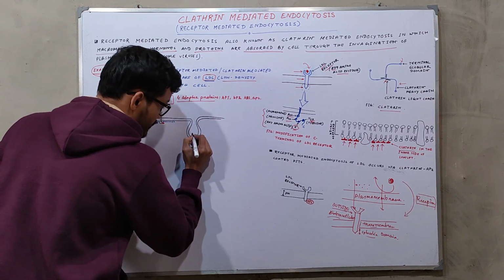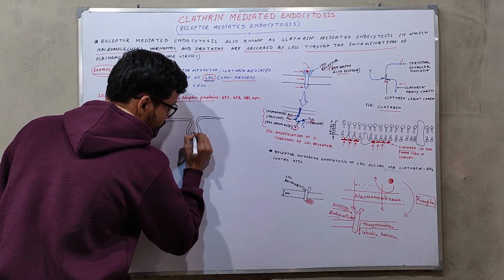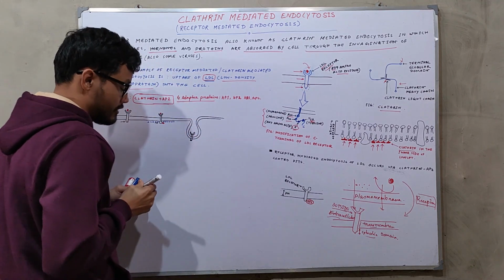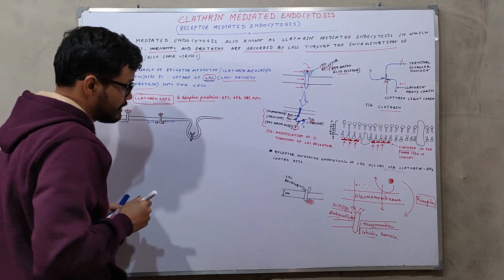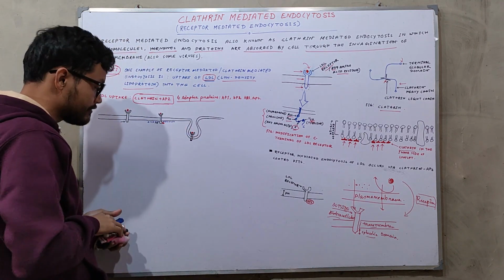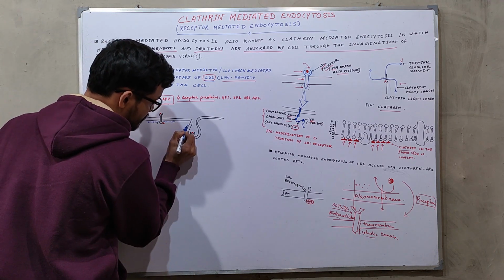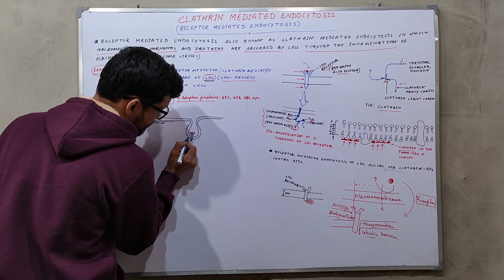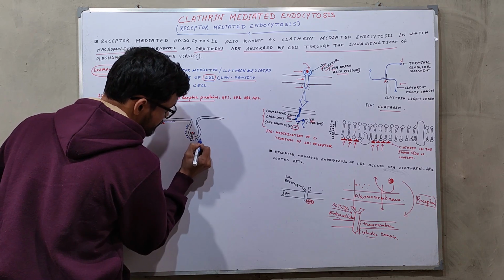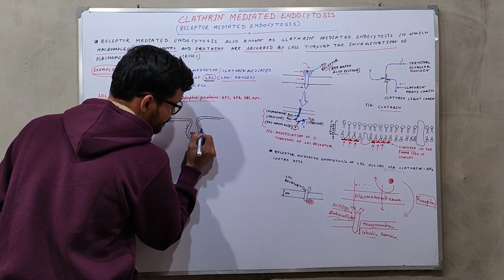So here is the receptor, and LDL is present along with this receptor, okay. So whenever these clathrins create a vesicle, then it accumulates inside the inner leaflet of the plasma membrane, okay.